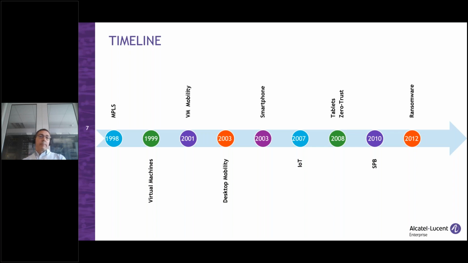Desktop mobility only really started to happen with the 802.11g standard and the wireless LAN controllers around 2003, because before that, with the 802.11b standard, it was not really suitable for enterprise mobility. It was primarily used for home and for meeting rooms.